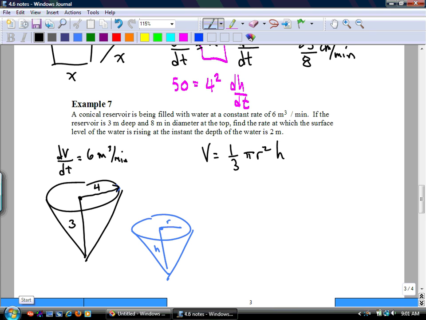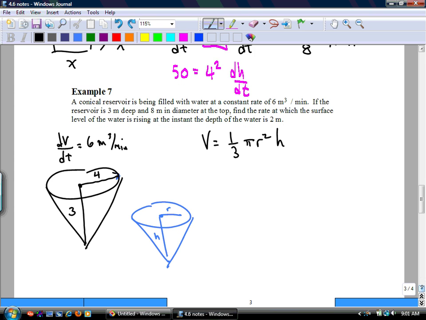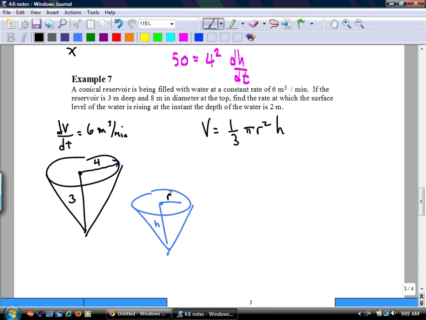If I do this, the triangles are similar. So you can write a relationship about the sides of the triangles with respect to each other. There's about 8 million different formulas you could write here.